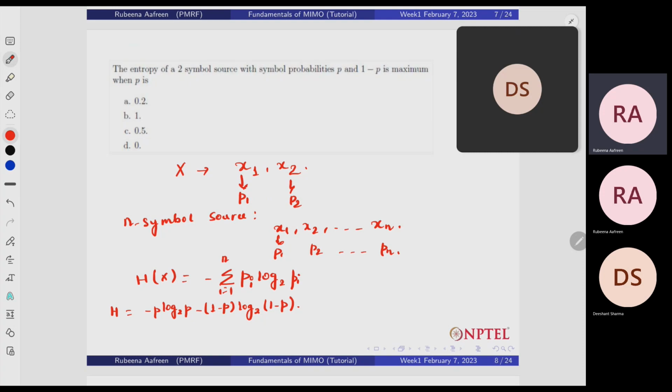We are trying to find the P where entropy is maximum. For the maximum entropy, we differentiate with respect to P. When you differentiate it, it will come as minus log to the base 2 of P, minus P into 1 by P into log to the base 2 of e term will come, and then there will be this term plus log to the base 2 of (1 minus P), and then one more term will come.